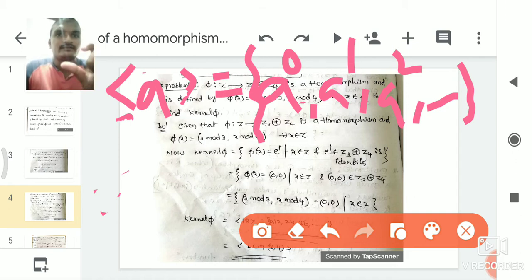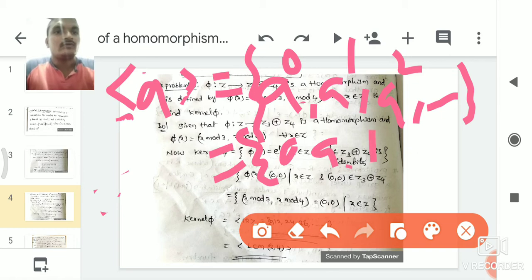So whenever the set is a group with respect to multiplication, generator of A can be written as A power 0, A power 1, A square and so on. With respect to addition, generator of A can be written as 0 into A, 1 into A, 2 into A and so on.